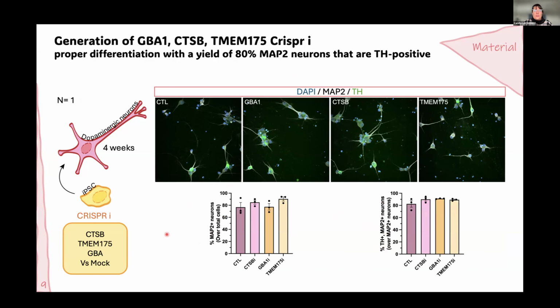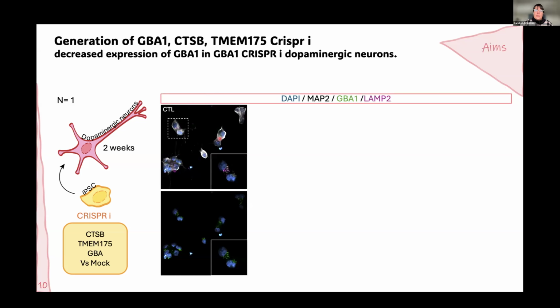Then we wanted to validate the level and the colocalization of GBA1 with LAMP2 in these neurons. You can see in green it's the GBA1 marker, in magenta it's LAMP2, and in white it's MAP2.